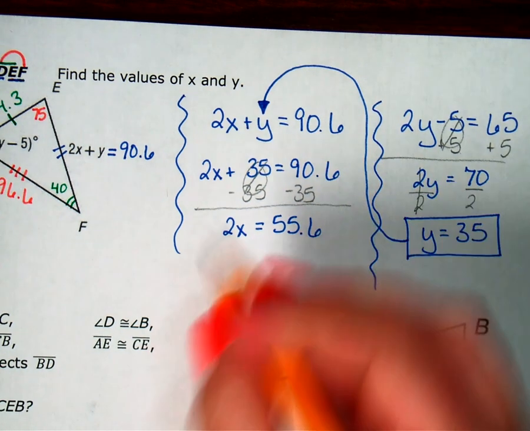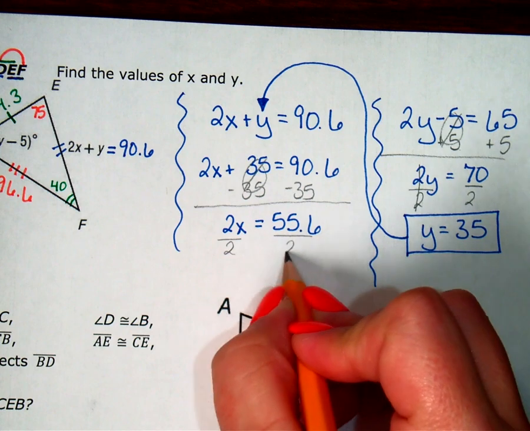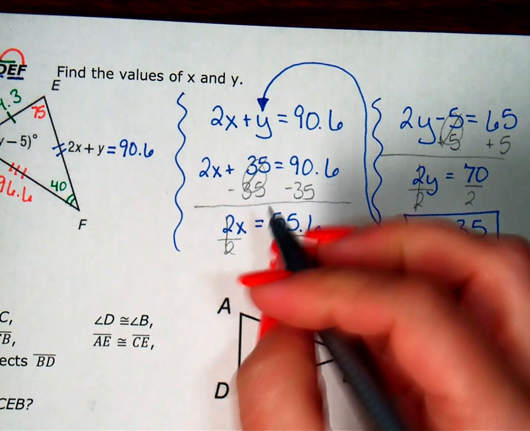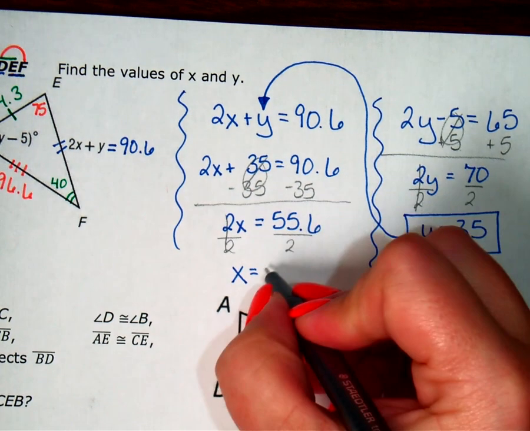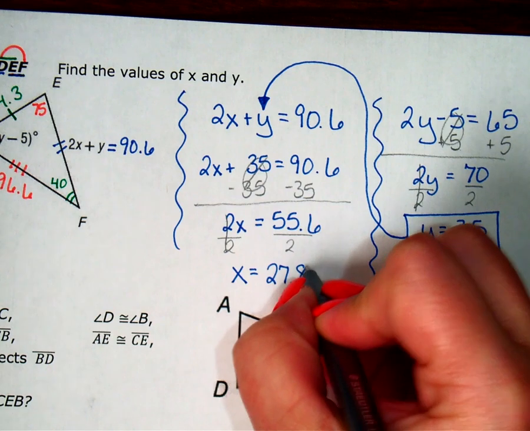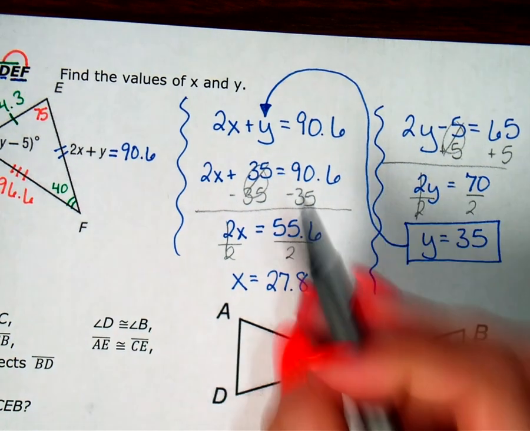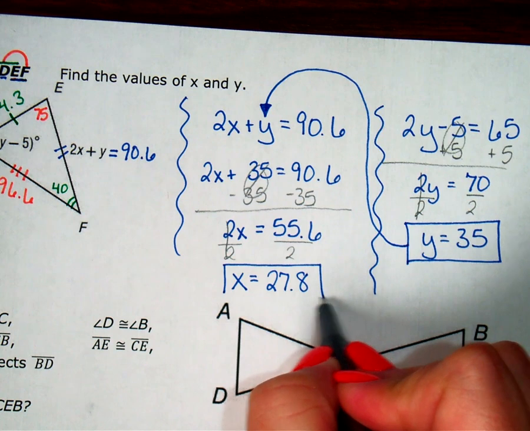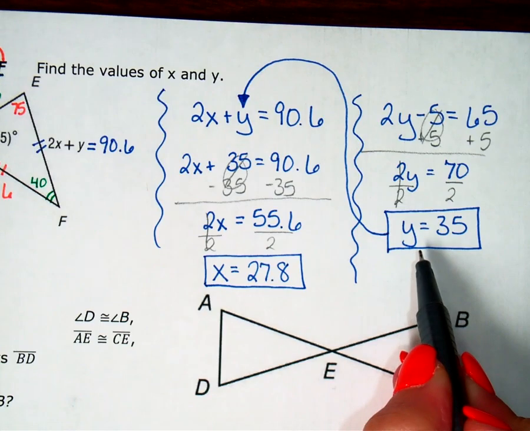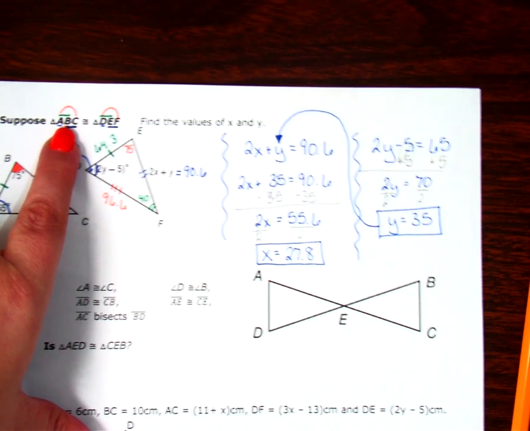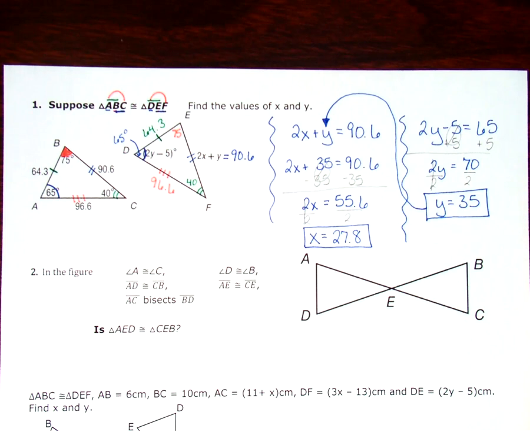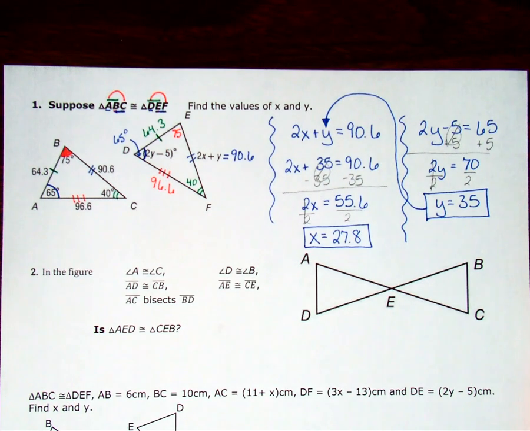Then my division property of equality, divide by 2, and x equals, divide by 2, 27.8. Okay, so my value for x is 27.8. And in order to find that, I had to find y first, which was 35. Okay? And without my statement here, I wouldn't have been able to do that, right? So I needed my congruent statement so I know what matched with what. Okay?